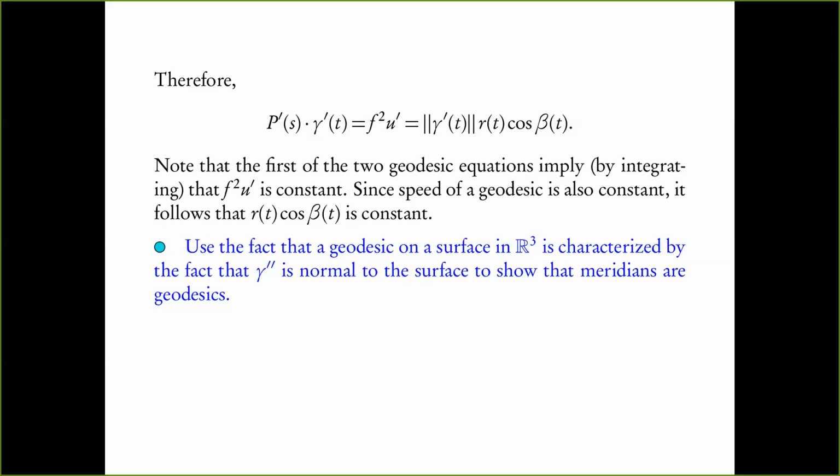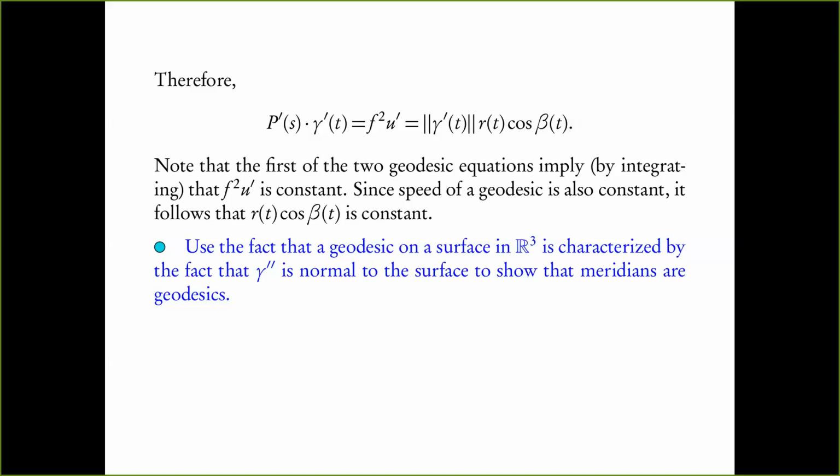This is a nice interpretation, and we did discuss this a little bit in the last lecture, before we went on the break. Here it's asking you to show that this also holds for meridians.